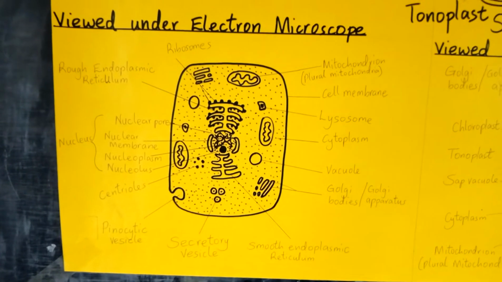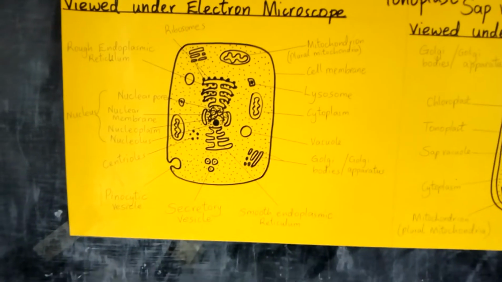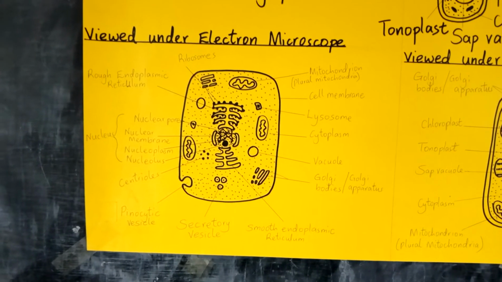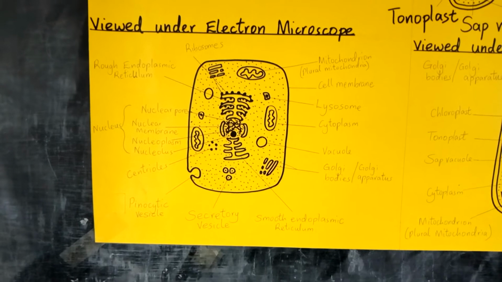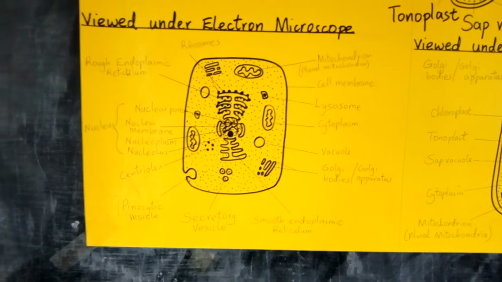This is because an electron microscope has a very high resolution power and magnification power, which enables it to see even tiny substances during magnification.